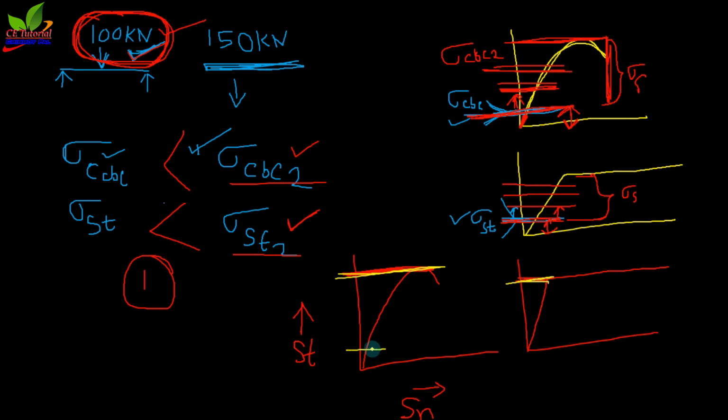Now we are considering this level. In the working stress method we are considering this level, so we are totally neglecting a huge amount of strength of the material. That means we are going to waste the material in the working stress method.